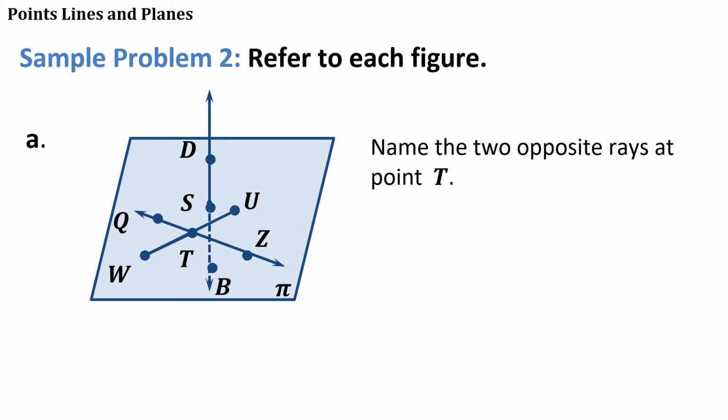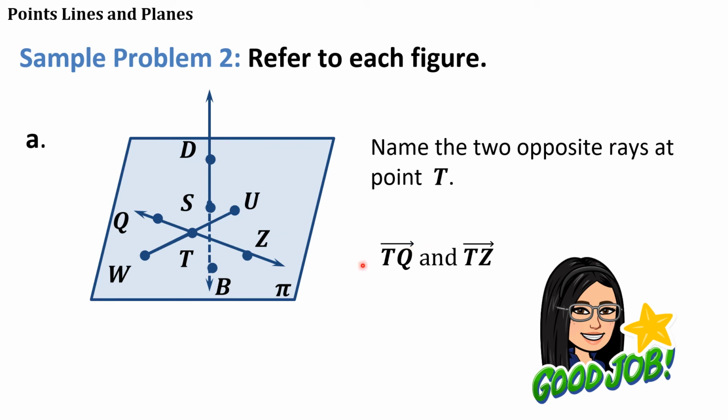Now name two opposite rays at point T. So I have point T. Where are those two rays? Remember, a ray has a start, but it just continues through the other way. If you said ray TQ and ray TC, you were correct.